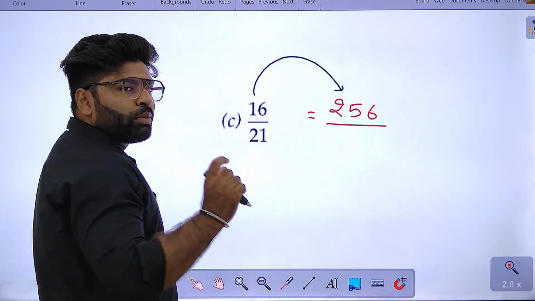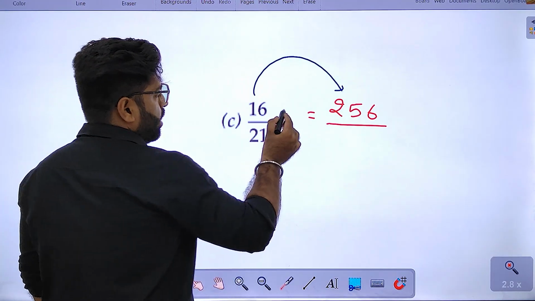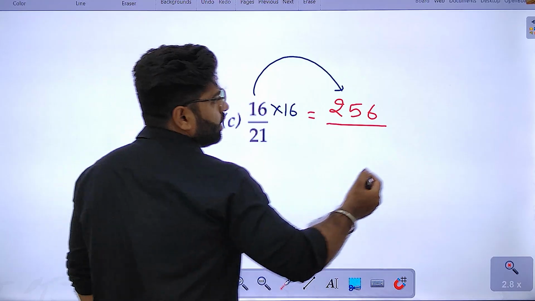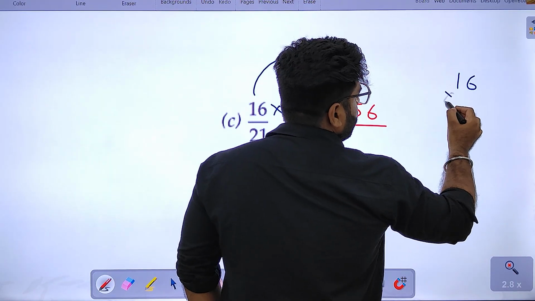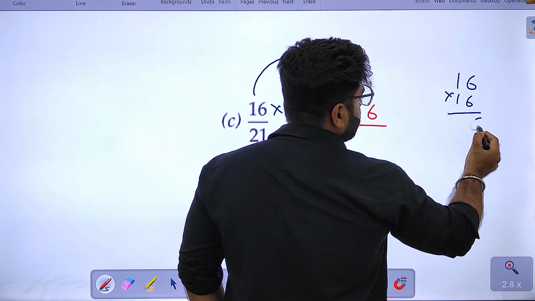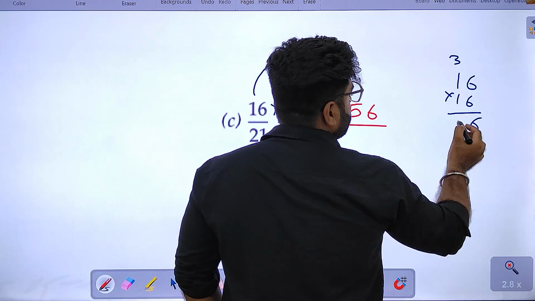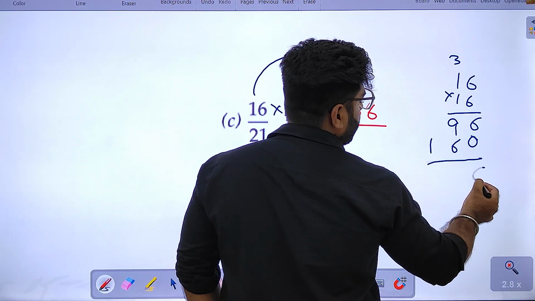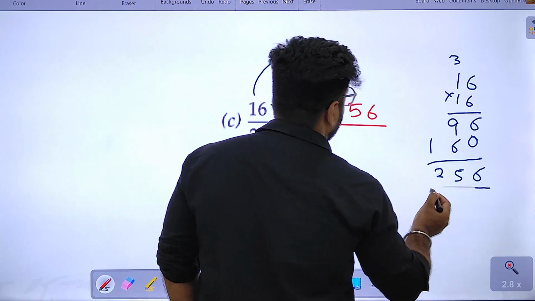So we have to multiply by some number. I'm thinking 16 16s are maybe 256. Let's multiply it here, that is 16 multiplied by 16. 6 6s are 36, this is 3, 6 and 9, this is 0, 6 and this is 1, 15 and this is 2. Okay, this is right.